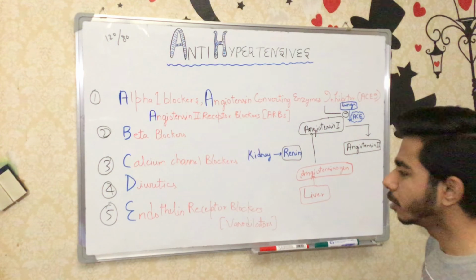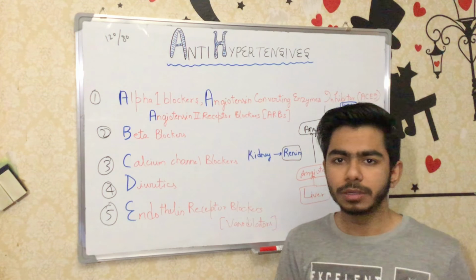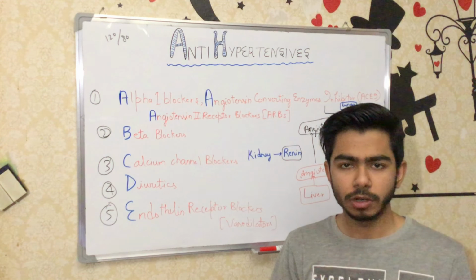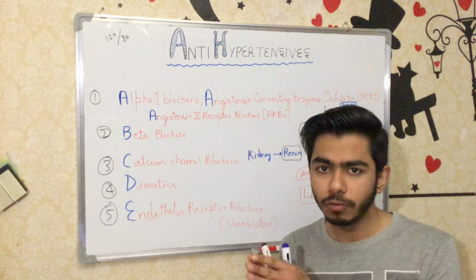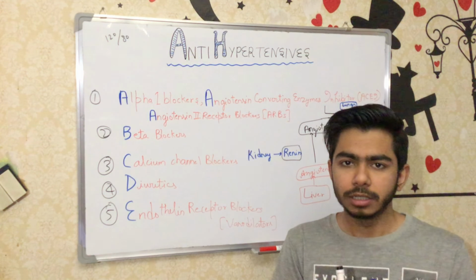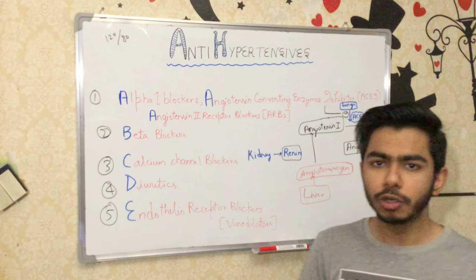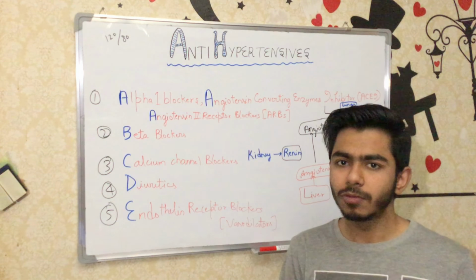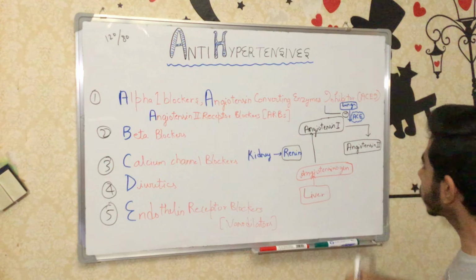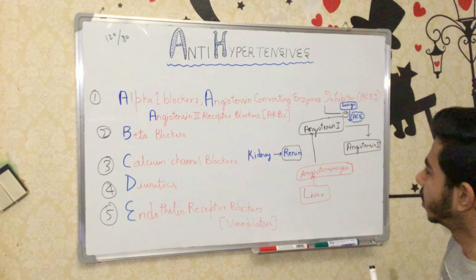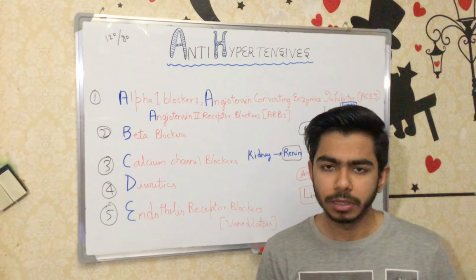For example, in the adrenal cortex, zona glomerulosa, as angiotensin 2 will not bind to its receptor, aldosterone will not be released into the blood. Further, there will be no retention of sodium and water, which will lead to a decrease in blood pressure. So that's how the angiotensin converting enzyme inhibitors work. That is the mechanism of action.